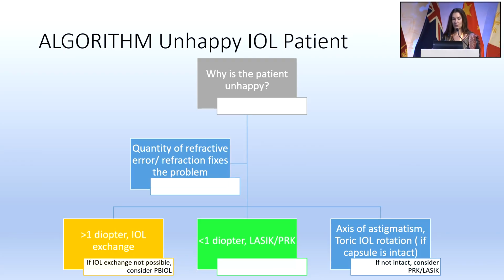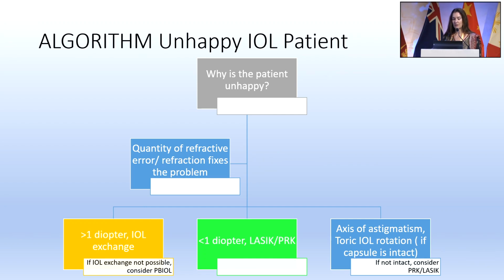So here's the algorithm for an unhappy IOL patient. If it is a quantity of vision issue, if refractive error is fixed by refraction, an IOL exchange for greater than a diopter, less than a diopter, I prefer LASIK or PRK, and sometimes you need a toric IOL rotation.